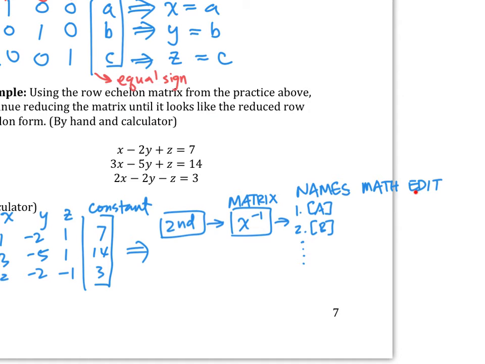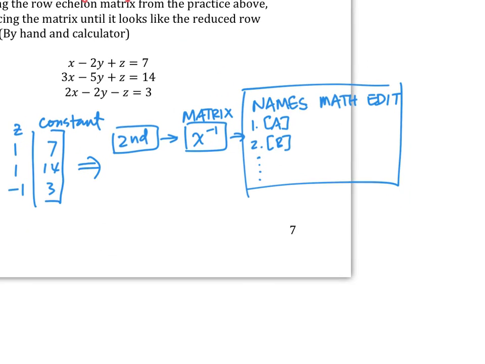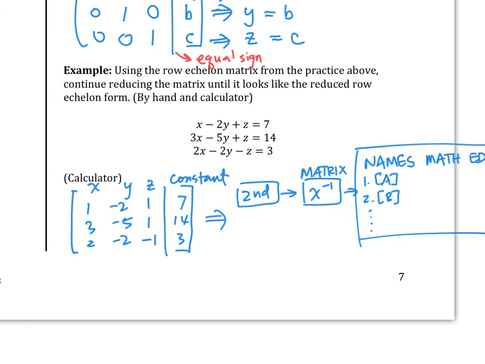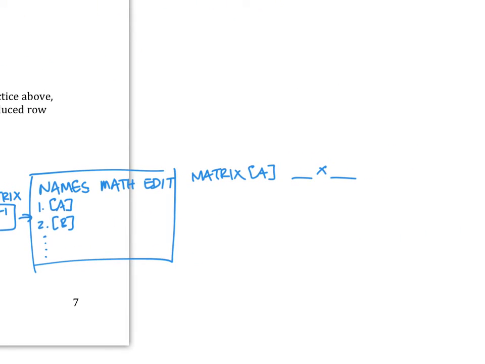So you're going to go to edit and then just pick A. Once you pick A, it's going to ask you what the size of your matrix A is. You tell it the size, row by column. Our matrix here is 3 rows by 4 columns. So you're going to say it's 3 by 4.